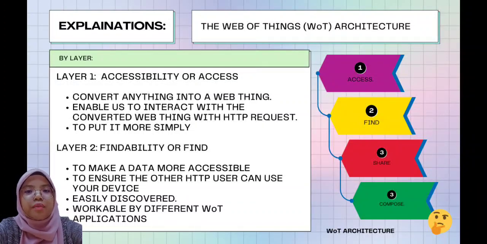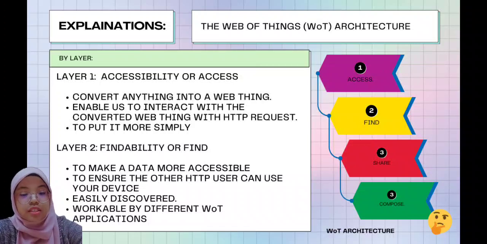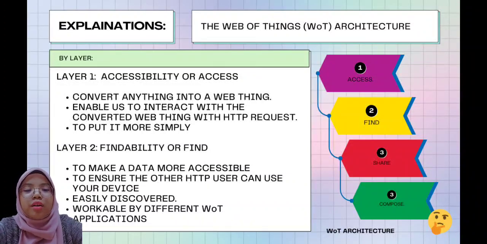The explanation of the first layer: layer 1 is for accessibility, which we call access. It functions to convert anything into a web thing. It also enables us to interact with the converted web thing with HTTP requests.